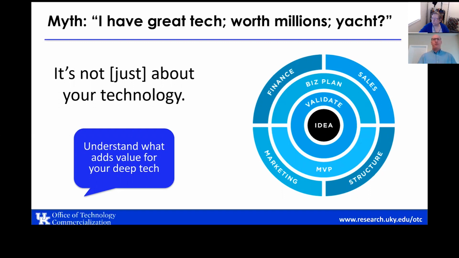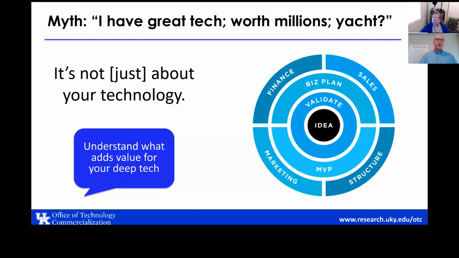this may or may not be the right set of rings for your company, but for any company, the idea has to be surrounded by other things. There are those other pieces that you need to bring to the table. A lot of business things, a lot of other aspects that take that technology and really allow that technology to create value. It's when you build these other pieces around the technology that you begin to really create value and the ability for this technology to go out and create impact.